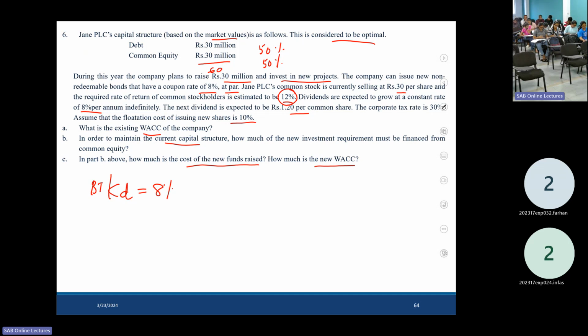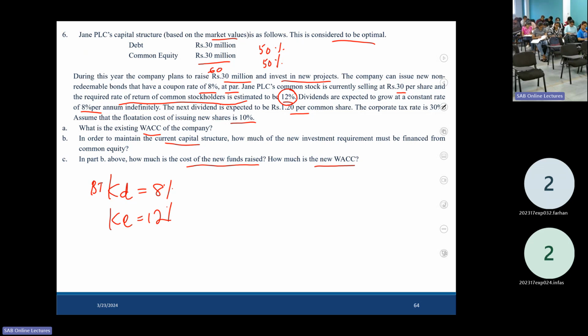What is the cost of equity? This is given, no. The required rate of return for common shareholders is estimated to be 12%. So that is the cost of equity. The additional information on the dividend growth model is for the next calculation. So cost of equity KE is 12%.